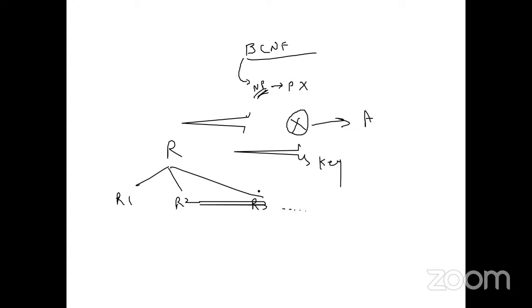But still, once I decompose R into R1, R2, and R3, now it is in BCNF. So sometimes, not every time, dependency might preserve, might not preserve. Then in that case, you can convert your database.